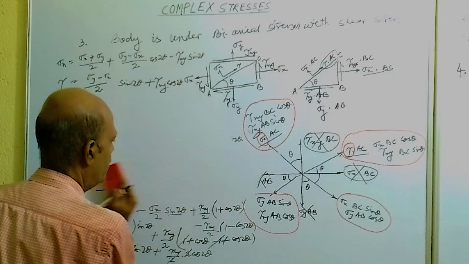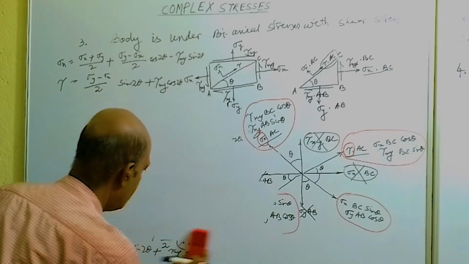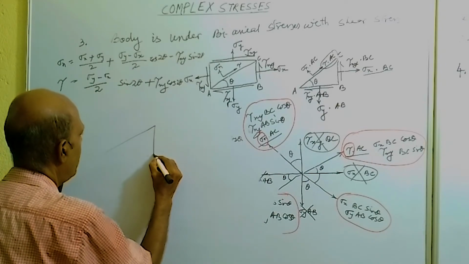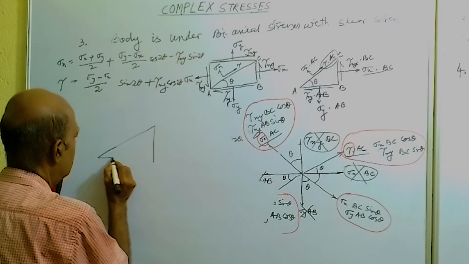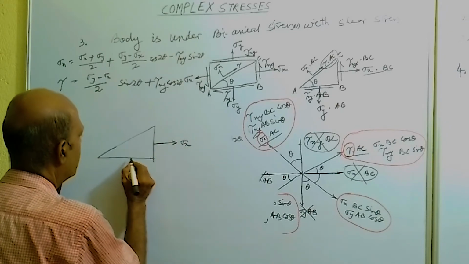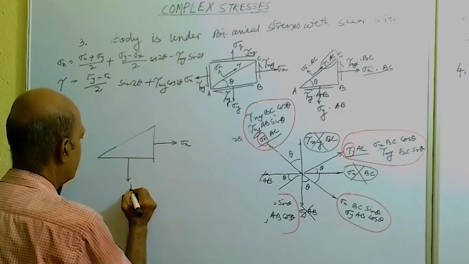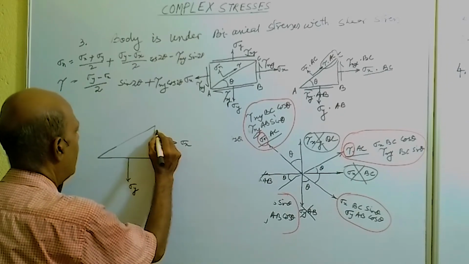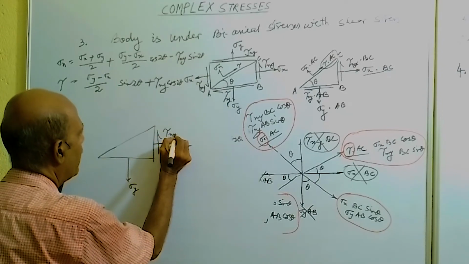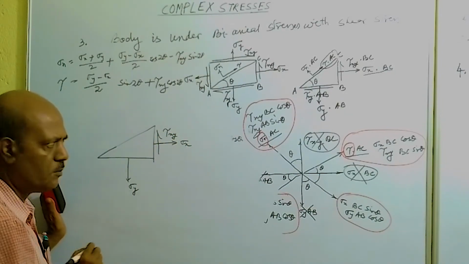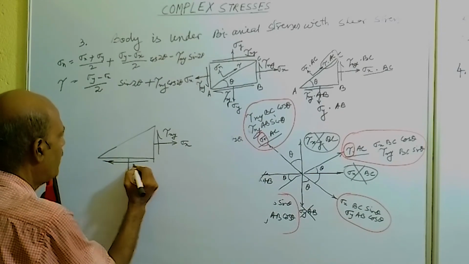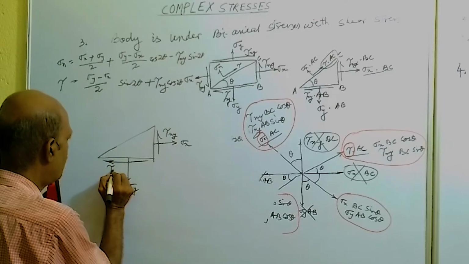So if we see this complex stress system, the stress system on this element was, that is sigma x was acting along x direction and sigma y was acting along y direction, and tau xy was acting in anti-clockwise sense on x face and tau xy was acting in clockwise sense on y face.